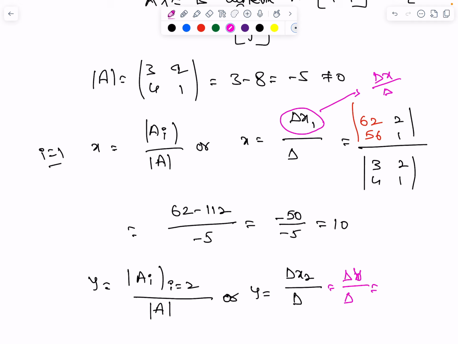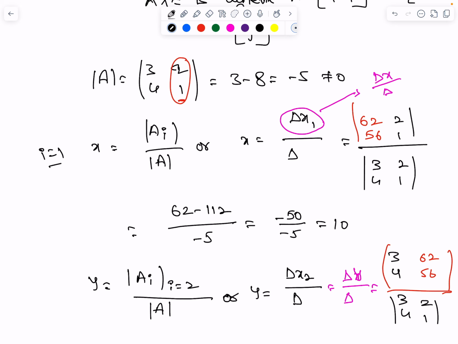Here the second column of A is replaced by the elements of B, that is 62 and 56, while the first column 3 4 is unchanged, and the denominator is unchanged.